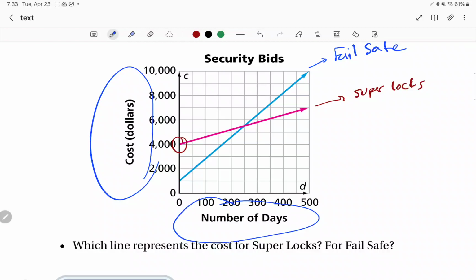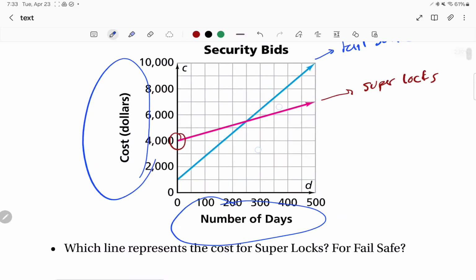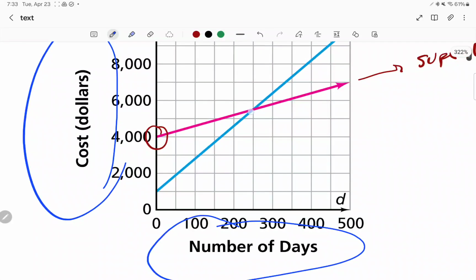The first question asks, what number of days will the cost of the two companies be the same? So right here is where they are the same. So right at that point right there is where they cross. So it asks how many days. So if we put a point right here, and then go straight over, it looks about 5,500 days.